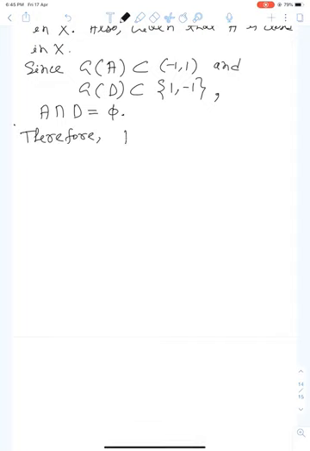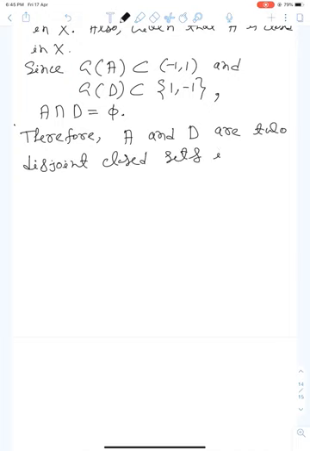So therefore A and D are two disjoint closed sets in X, right?